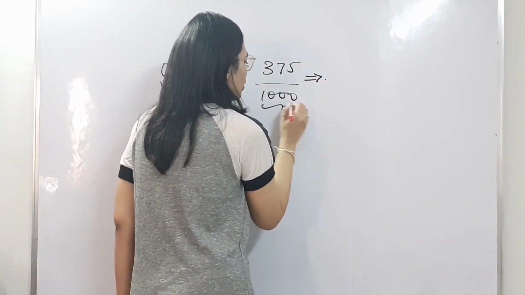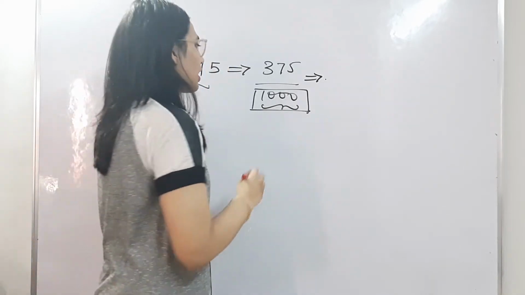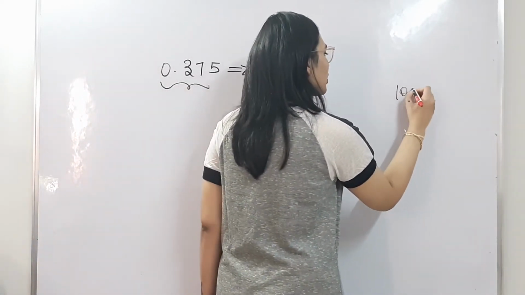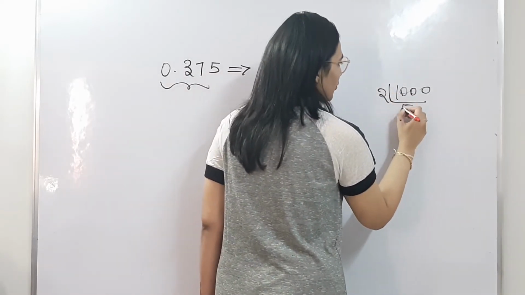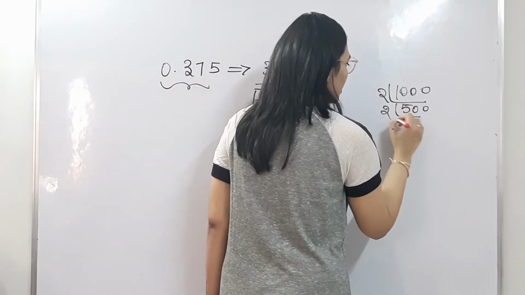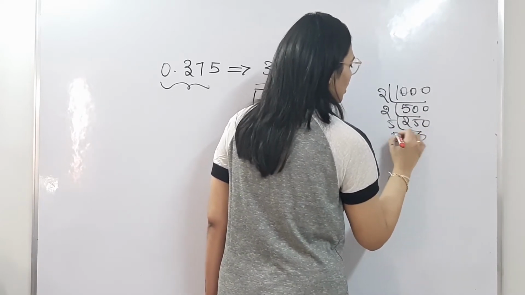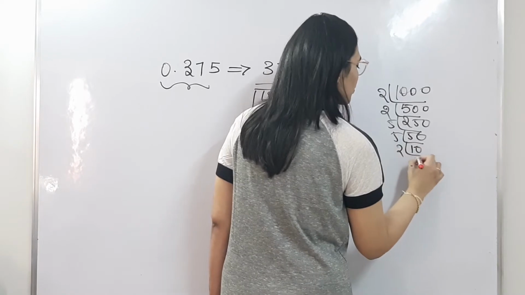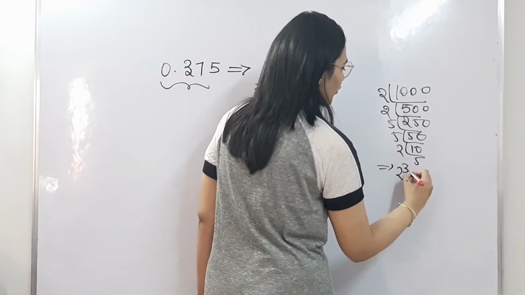Now, if you observe the denominator here, 1000, how do you prime factorize 1000? Let's try to prime factorize it. 2 5s are 10, again 2 50s are 100, 5 10s are 50, again 2 5s are 10, right? So what is it? 2 cube into 5 cube.